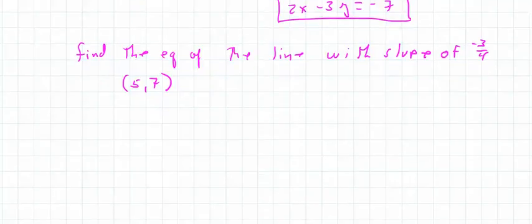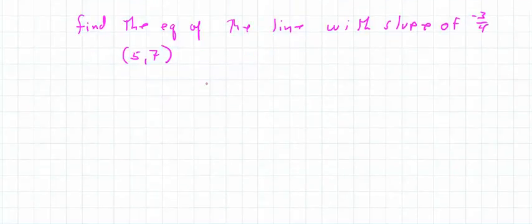All right, so my slope is minus 3/4 equals y minus 7 over x minus 5.